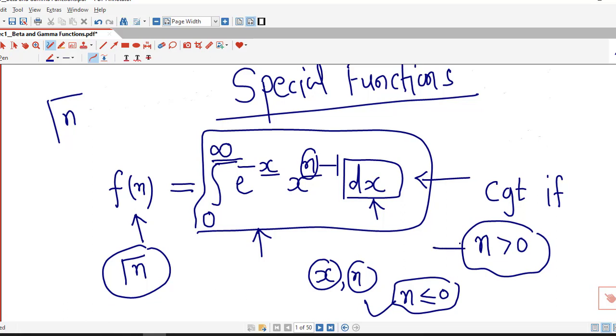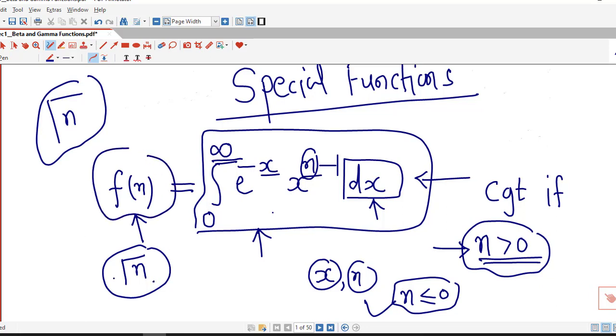So the gamma function is defined if n is a positive real number, and we will remember this definition.